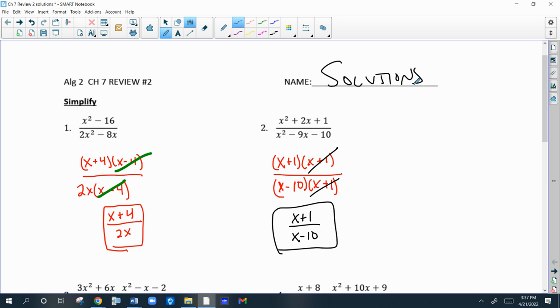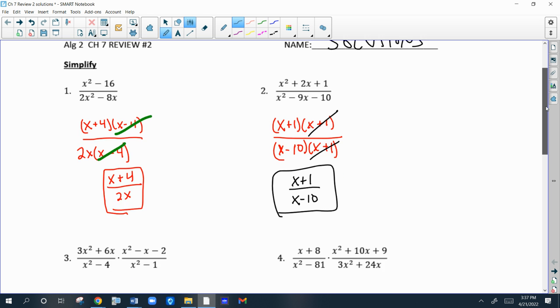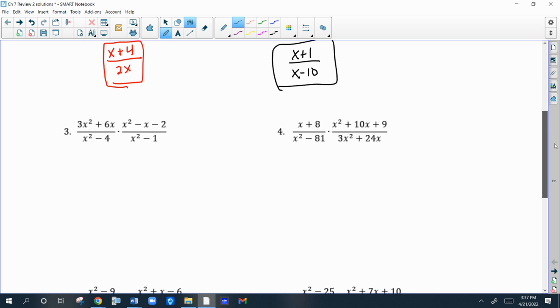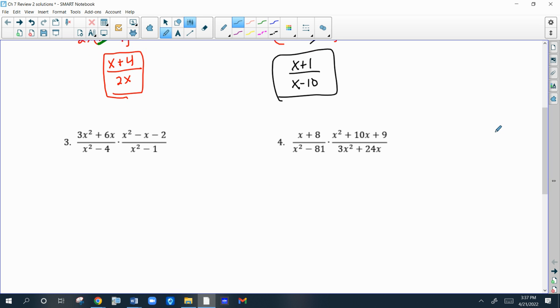So next questions are just multiplying. Same thing as above, except you're multiplying. So you may have some diagonal canceling to do, and you can also cancel up and down like above. So first, just like the problems before, you factor. There's a common factor of 3x. In the upper left, you're left with x plus 2.